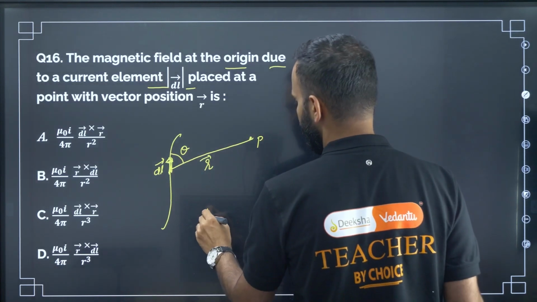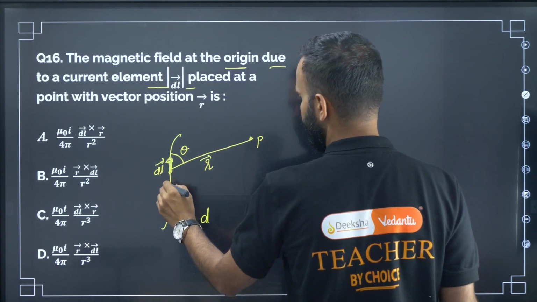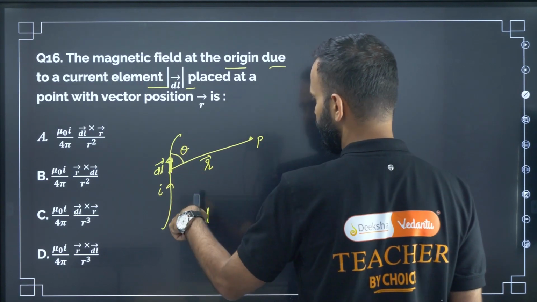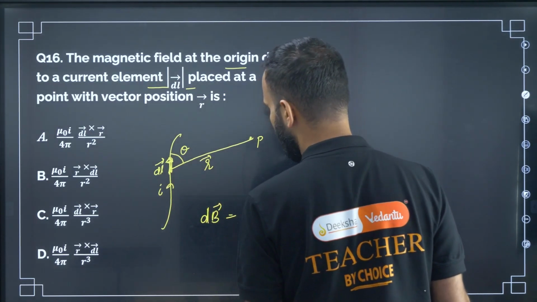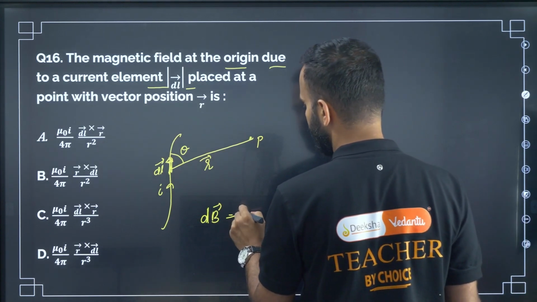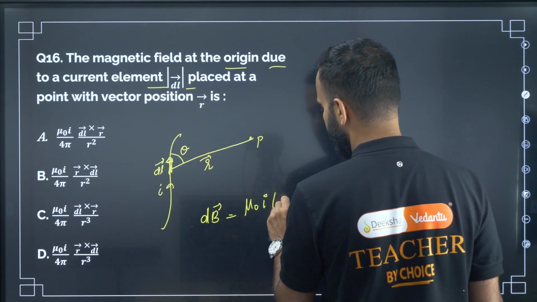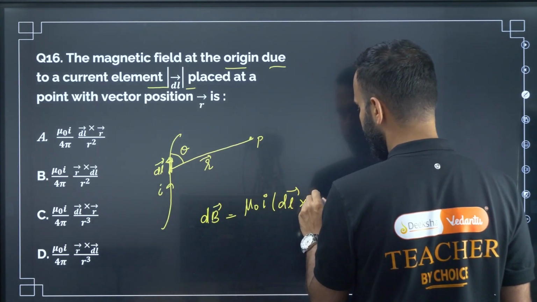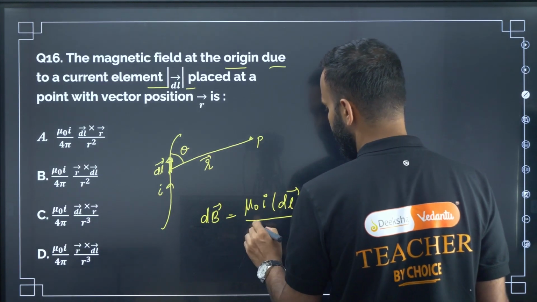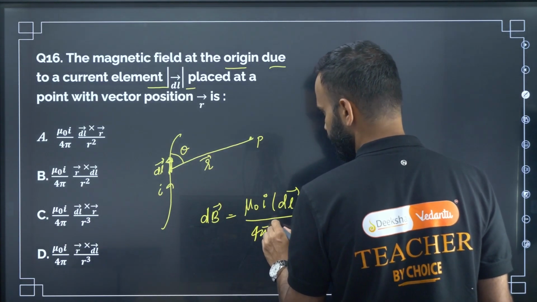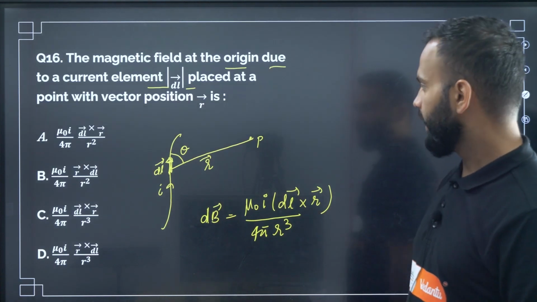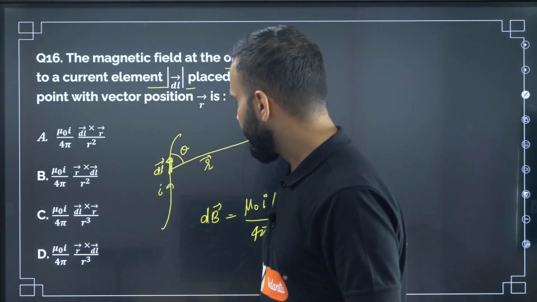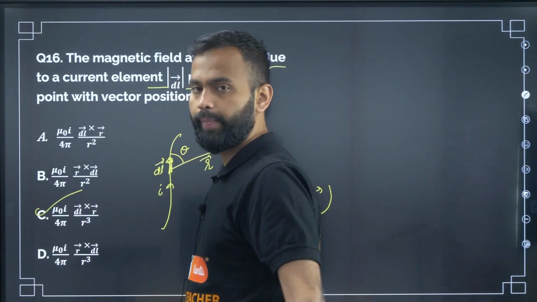I is the current flowing through this wire. So dB vector, the magnetic field at point P due to the current element, equals mu naught into I into dl vector cross r vector divided by 4 pi r cube. This is Biot-Savart's law, so the correct option is C.